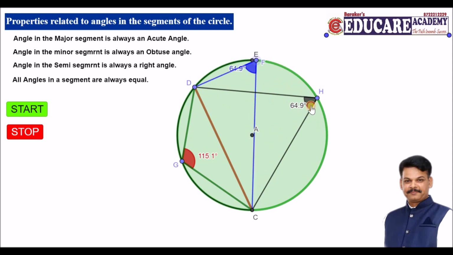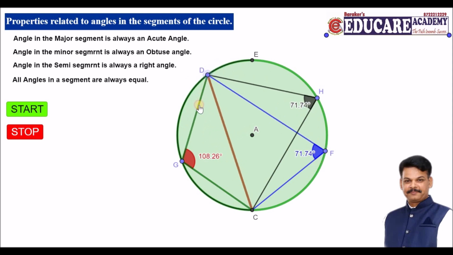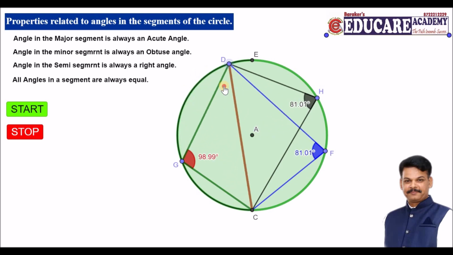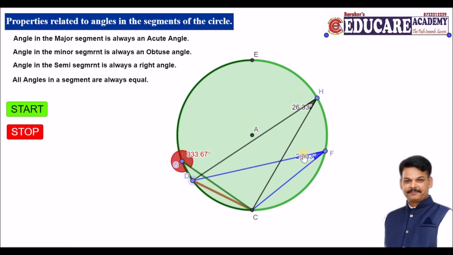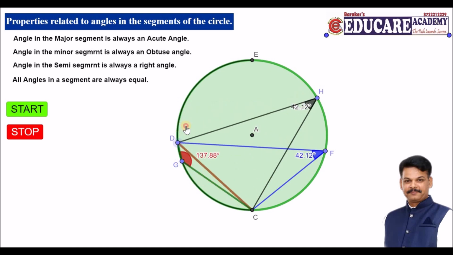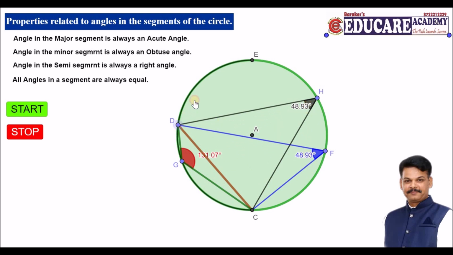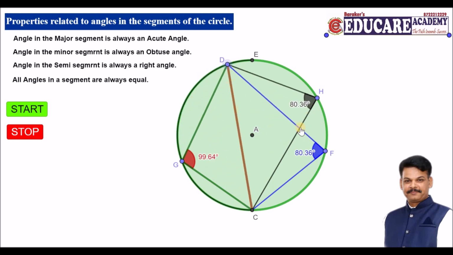Anywhere you take that angle, it will always be lesser than 90 degrees. Even if you change the length of the chord, the angle in the major segment changes, but it will always be less than 90 degrees. Is it clear? So this is the first property we have to understand.